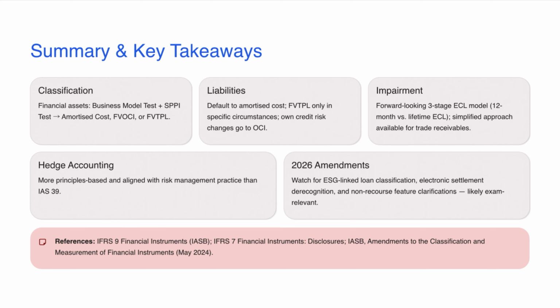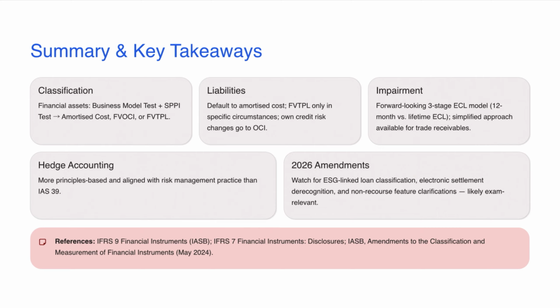For impairment, think expected credit losses. Stage 1 gives us 12-month ECL. Stage 2 gives us lifetime ECL after a significant increase in credit risk. Stage 3 is lifetime ECL for credit-impaired assets.